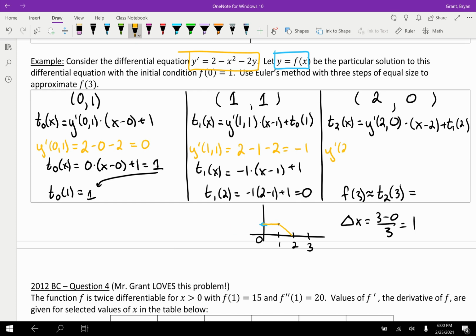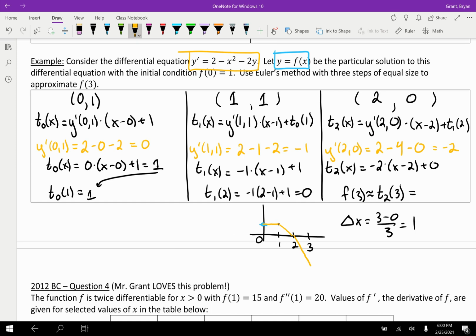Y prime of 2 comma 0, use that same equation, is going to be 2 minus 2 squared is 4 minus 0, so that's negative 2 this time. So my last tangent line is negative 2 times x minus 2 plus 0. Whew. All right, so this last tangent line is even steeper and goes down something like this.